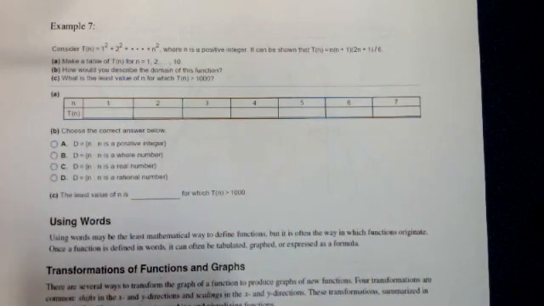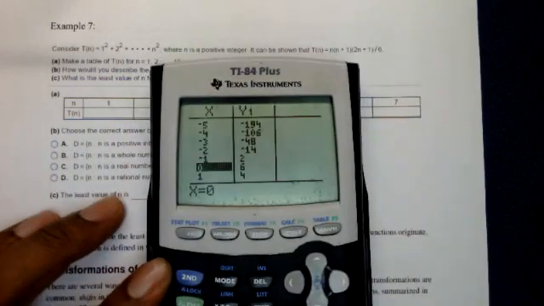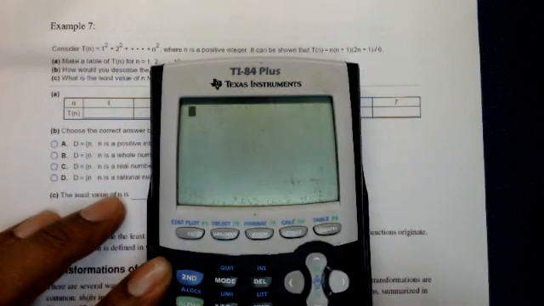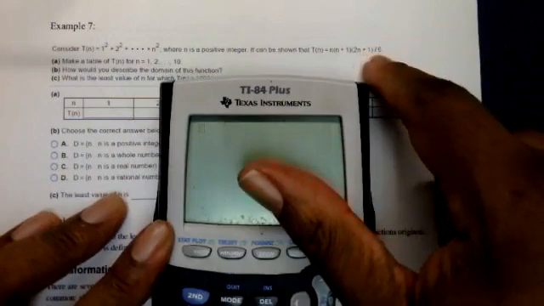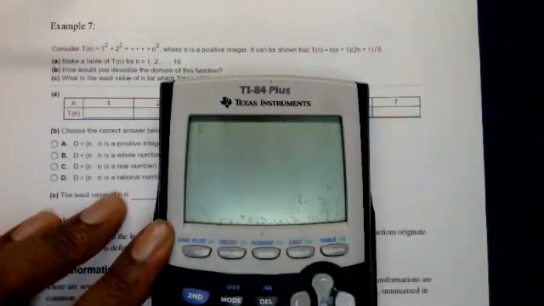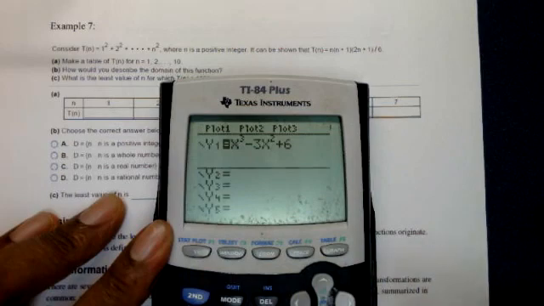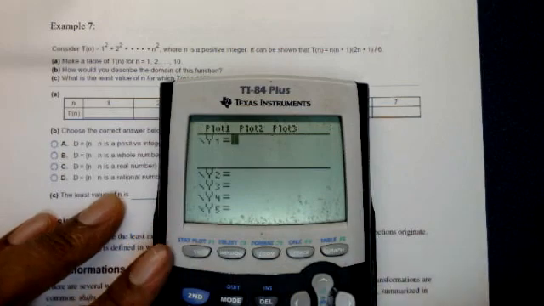All right, so let's say n is equal to 1. That means using this expression, or better yet, let's do this. Let's go to y equal 2, and I'm going to clear this equation out.